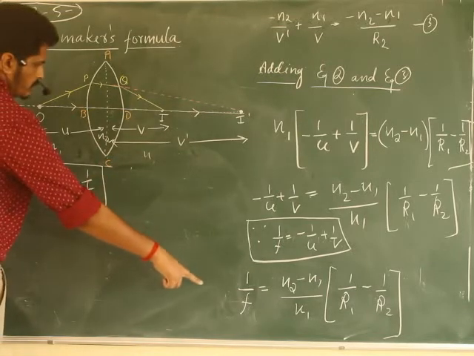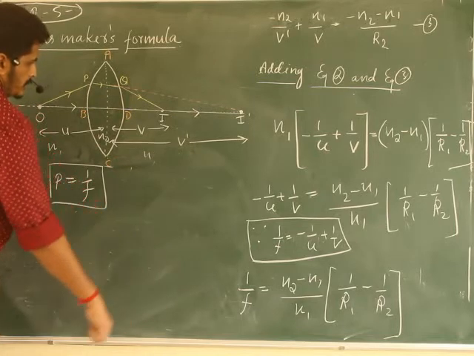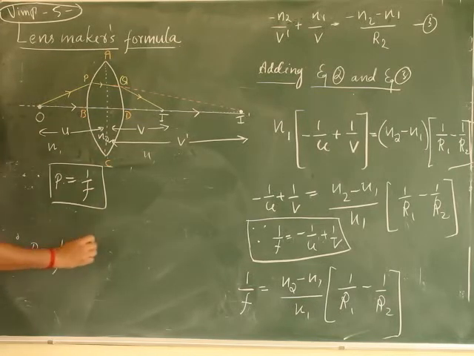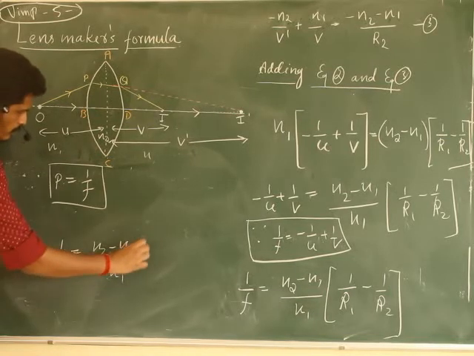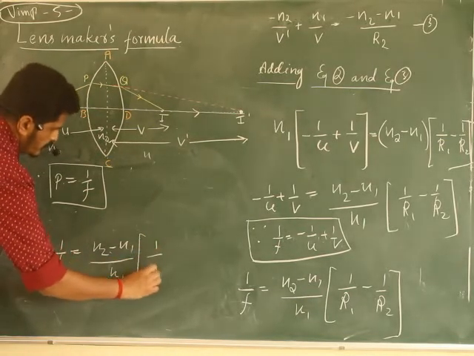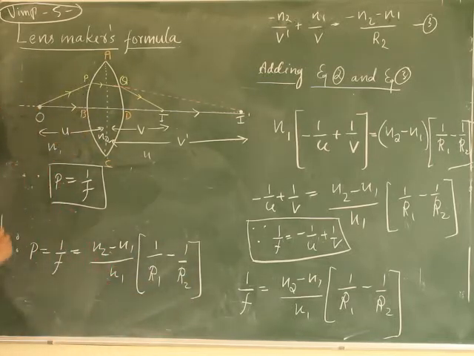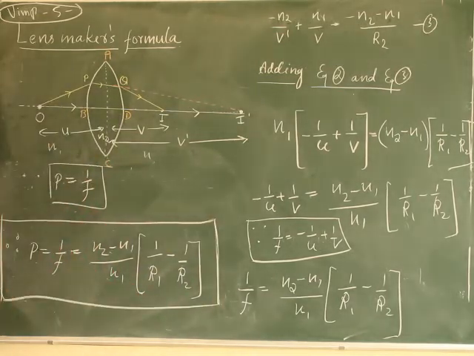Right now, the derivation we have got is, therefore, P is equal to 1 by f is equal to n2 minus n1 divided by n1, into 1 by r1 minus 1 by r2. So this is the lens maker's formula. Very, very important, 5 marks derivation.